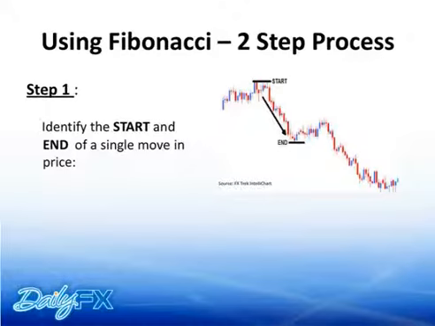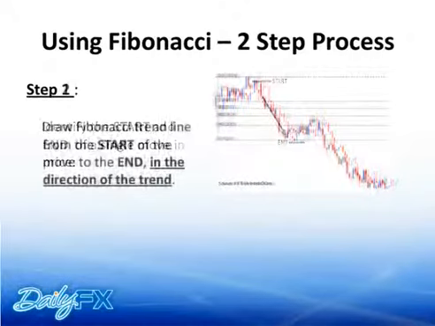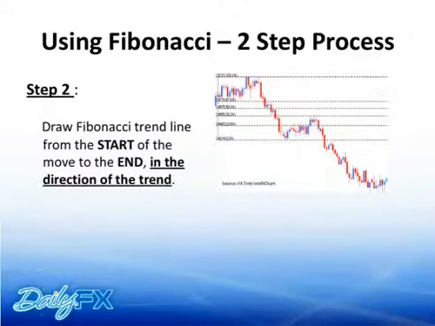And what we do to find that out is we draw a Fibonacci trend line, which is available in every single charting package that's out there at this point, and certainly available with the charts that come with the FXCM trading station.